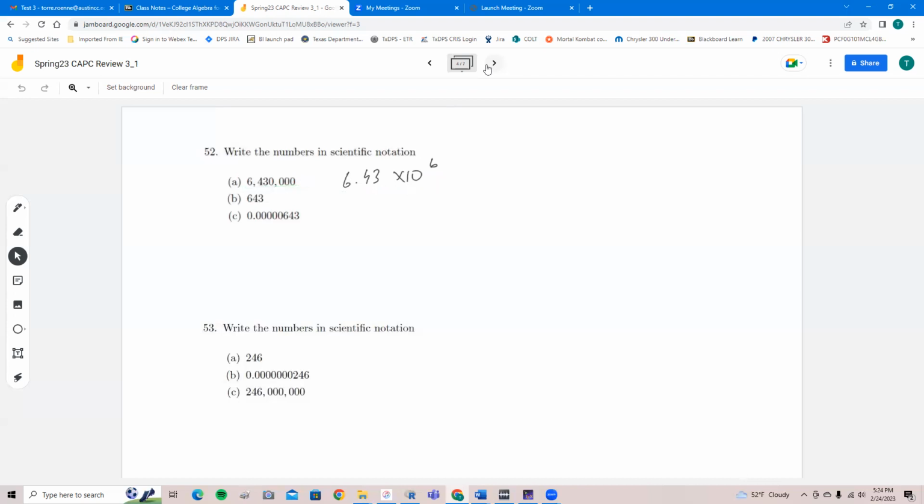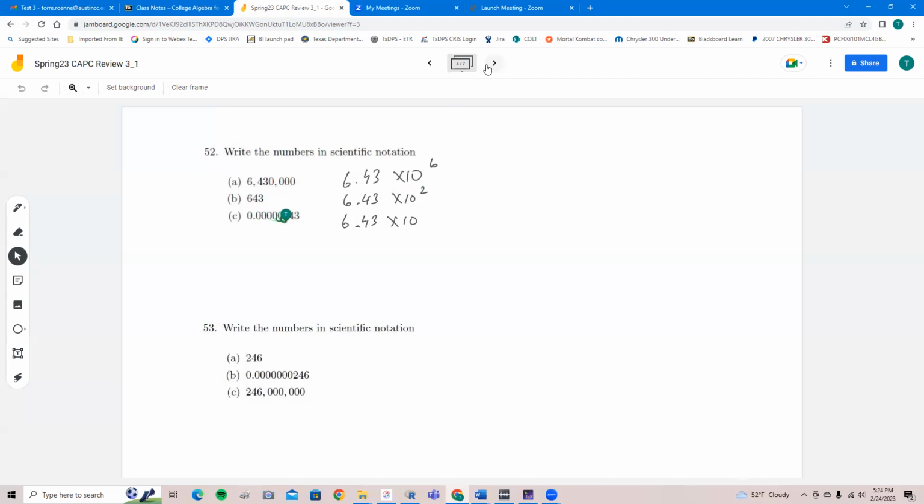Okay, likewise, the next one will be 6.43 again, but this time it'll be times 10 to the second because I only have to move it 2 decimal places to the right to get my original number. The last one will again be 6.43 times 10, but now it's the other direction because I have to move the decimal place 1, 2, 3, 4, 5, 6 to the right.